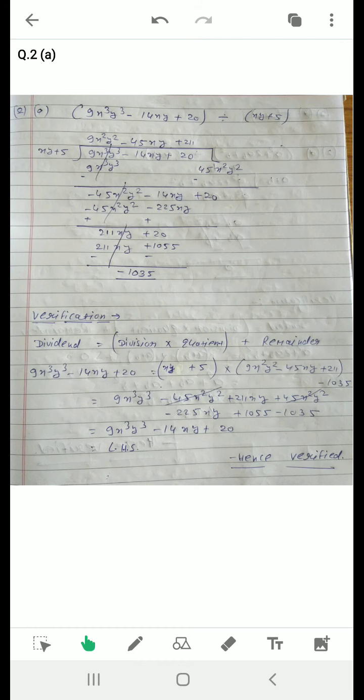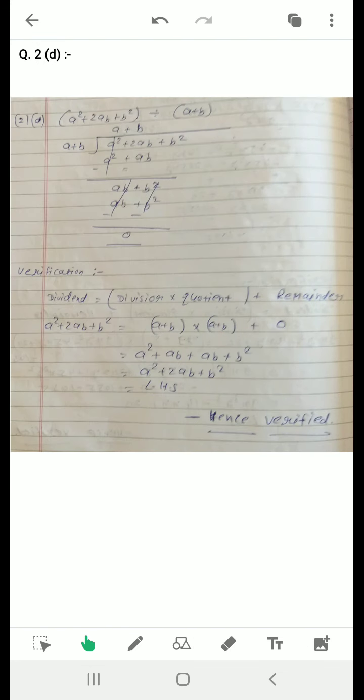So when we solve this right hand side, first we will multiply and then we will add the remainder. When we solve it, it will surely be equal to the left hand side. If it is not equal, that means our division is wrong, or maybe our verification is wrong. That is how to check.